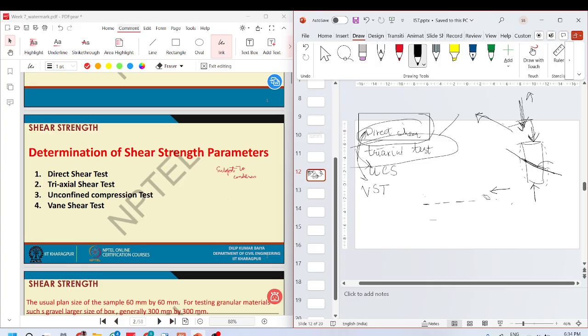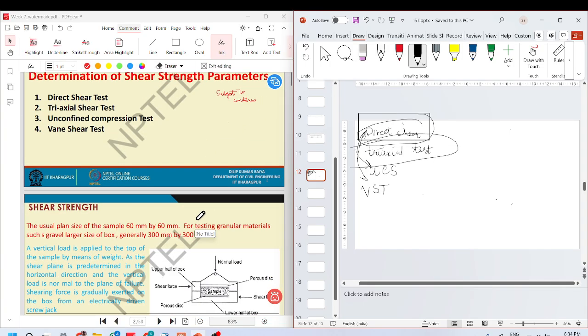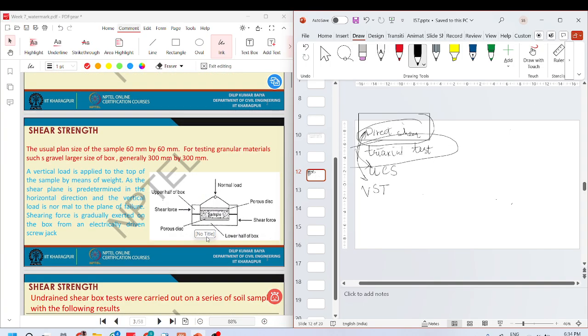And the other limitation of direct shear, I am assuming you have already studied this in class. That is why I am only discussing the limitations and not the test itself. We can go on with the test here. We provide shear force here.